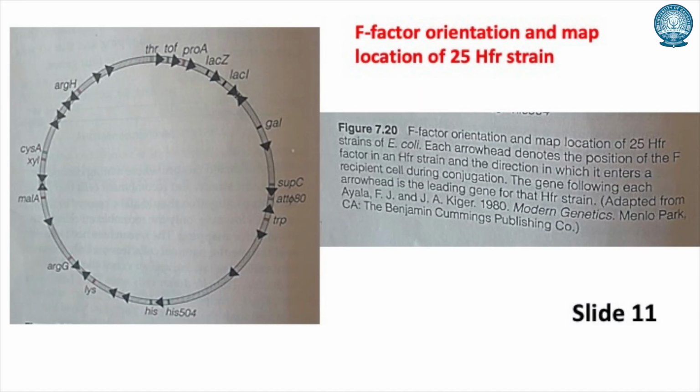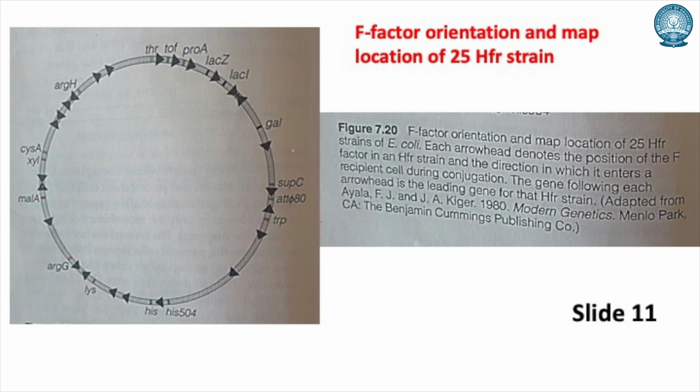In this slide you can see the whole chromosomal map of E. coli strains using 25 different HFR strains of E. coli. Here you can see the F vector orientation. Some are counterclockwise, some are clockwise. Each arrowhead denotes the position of the F vector in an HFR strain and the direction in which it enters the recipient cell during conjugation.